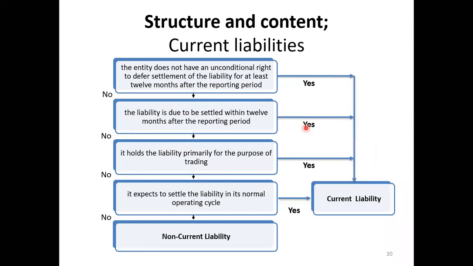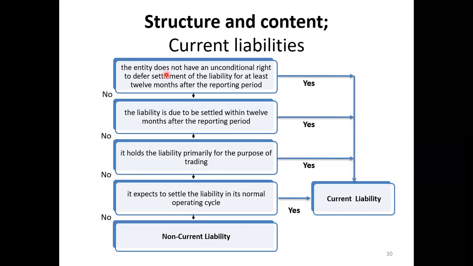Again, there's a flow chart to decide whether a particular liability is categorized under current liability or non-current liability. First criteria: the entity does not have an unconditional right to defer settlement of the liability for at least 12 months after the reporting period.